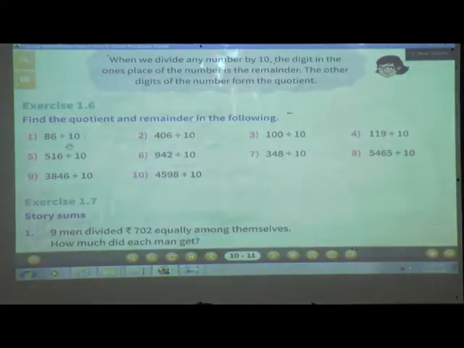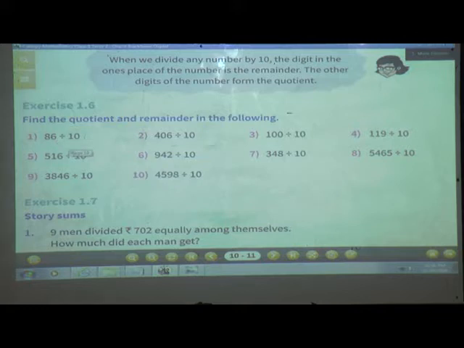From this rule, you can solve all these examples orally also. First you have to tell me the answer orally only, and after that we will check. Now here, 86 divided by 10. In 86, at the ones place, which number can you see? 6 is there. So after solving our remainder should be 6.